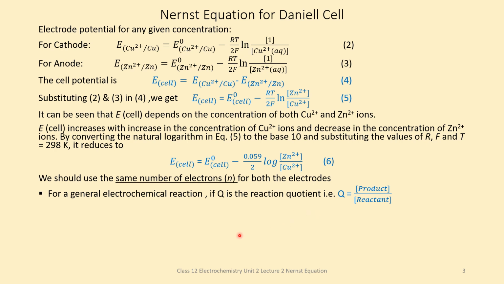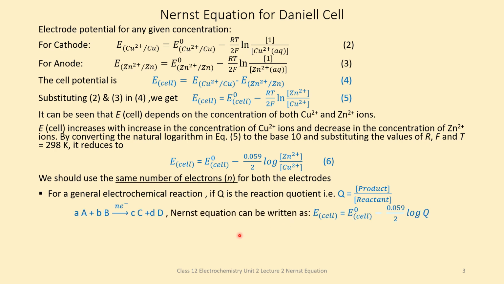In general, for an electrochemical reaction, we can write the Nernst equation in another form.